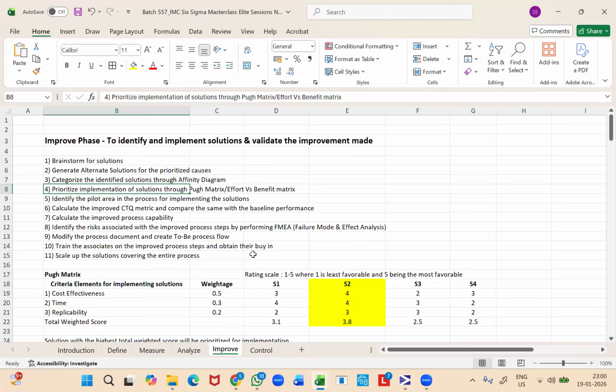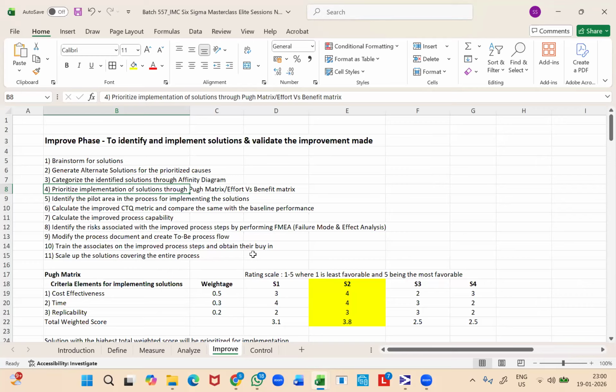I would not know whether a particular solution is going to work out for me or not. So instead of taking a risk by implementing the solutions covering the entire process area, I will identify a small area within the process, which will be called the pilot area, and then implement all the identified solutions.